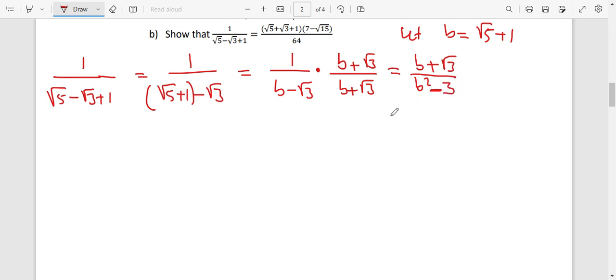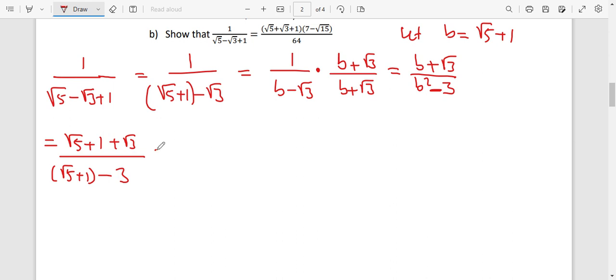Now here substitute where there is b. All right, so where there is b, put back the root 5 plus 1. So that is going to be root 5 plus 1, and then plus root 3 divided by, where there is b again, put root 5 plus 1, and then minus 3, like that.